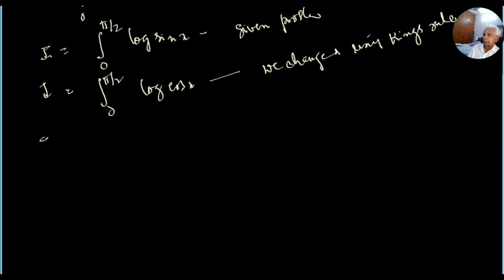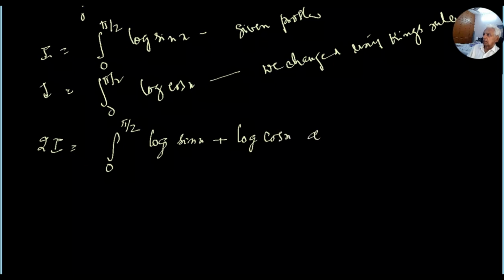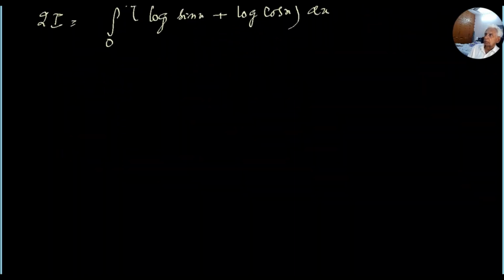Two I, adding both, 2I equals integral from 0 to pi by 2 of (log sin x plus log cos x) dx. This is integral from 0 to pi by 2 of log sin x cos x.